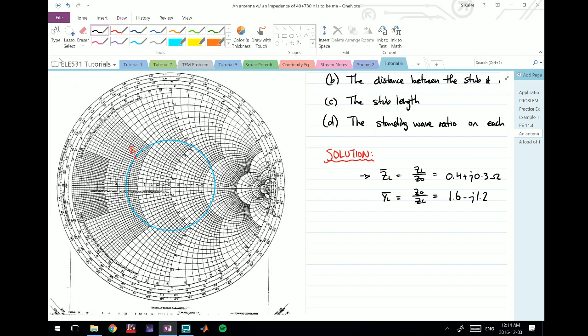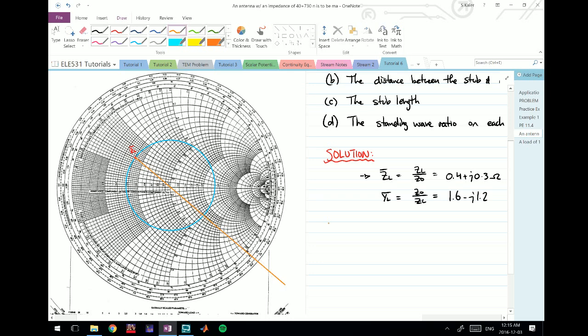So here we have ZL, and I've labeled it. But we also have this point YL, and I said that we deal with YL in most cases. To get from ZL on the Smith chart to YL, all we do is run a line from ZL through the origin and intersect it with the circle on the other side.